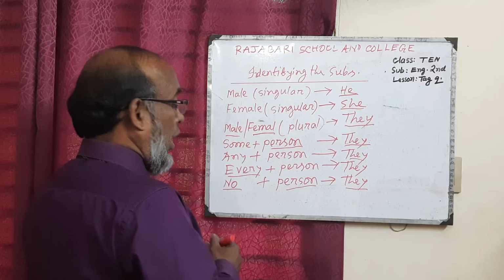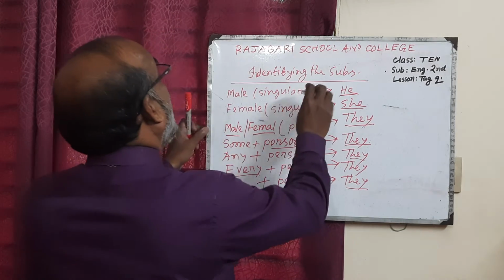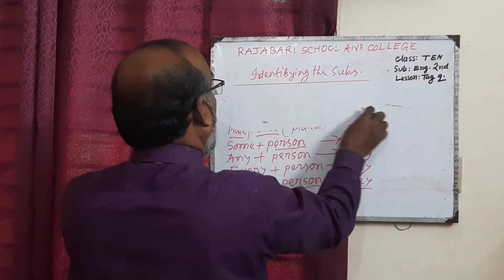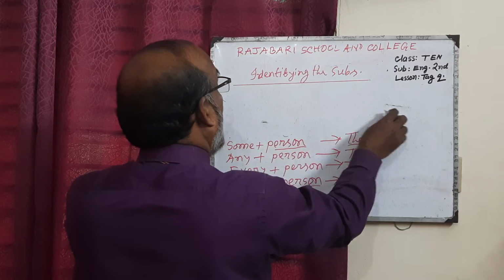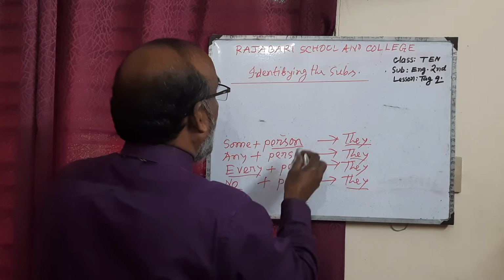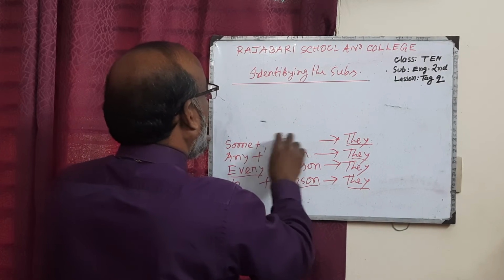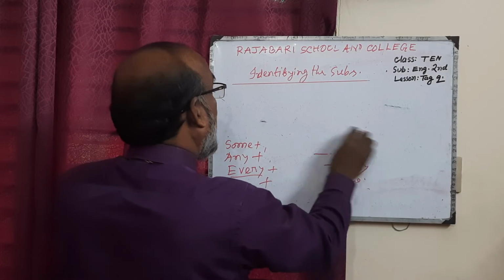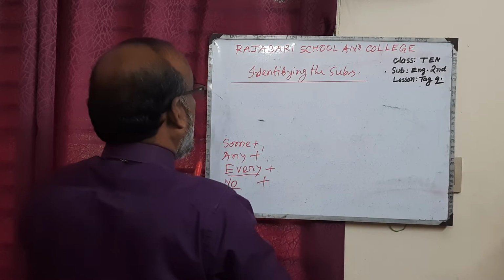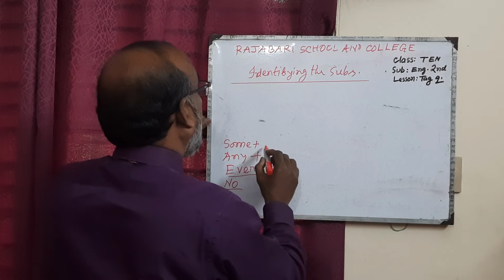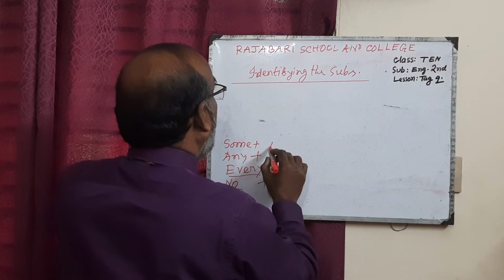Now, I'm writing another identifying subject. Here we write some plus imperson.